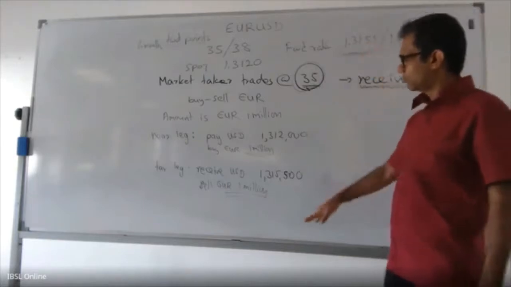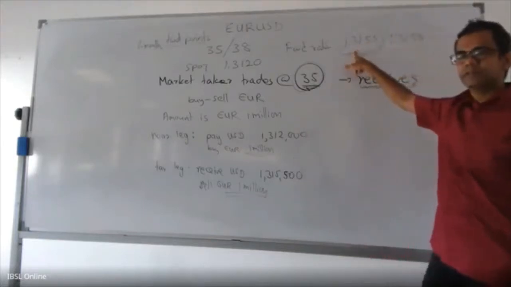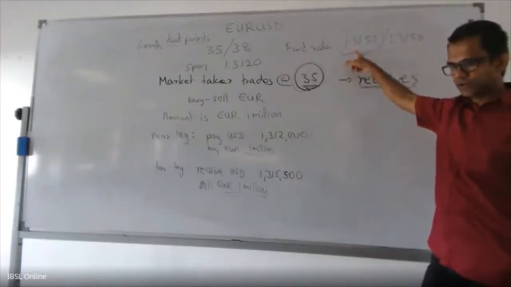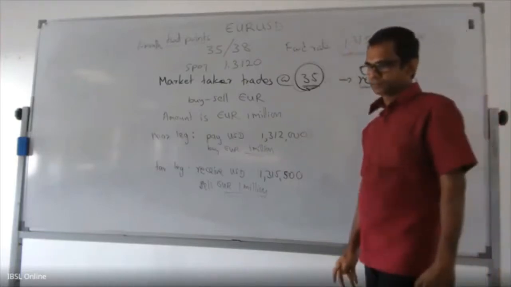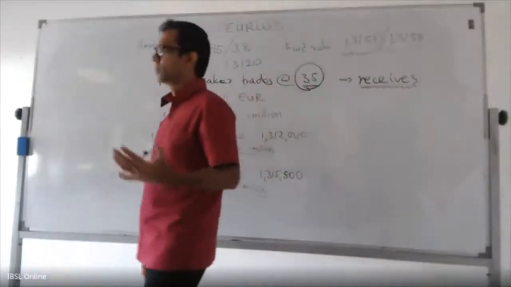Then when you sell euro 1 million at this rate, what is the amount of dollars that you receive? You sell euro 1 million at 1.3155.